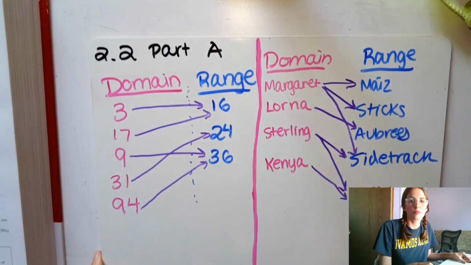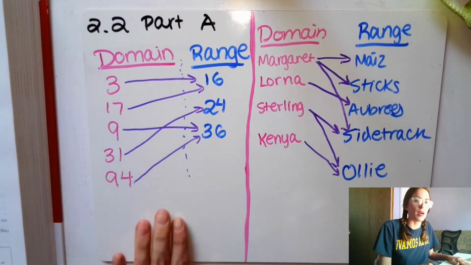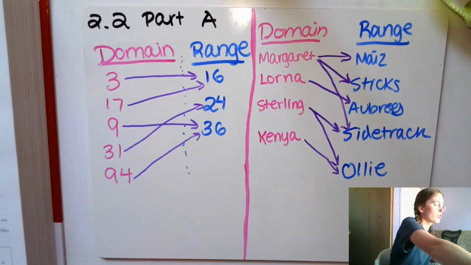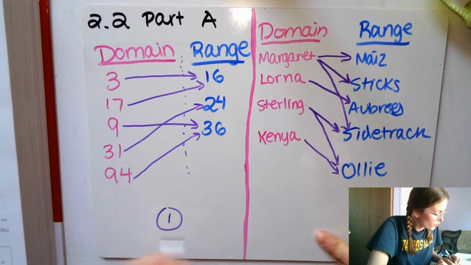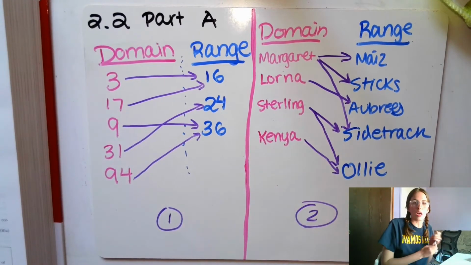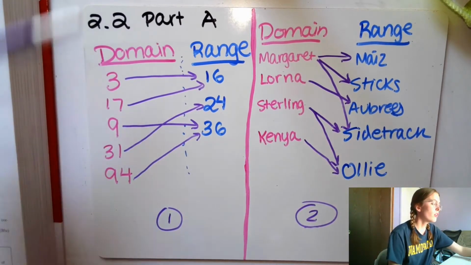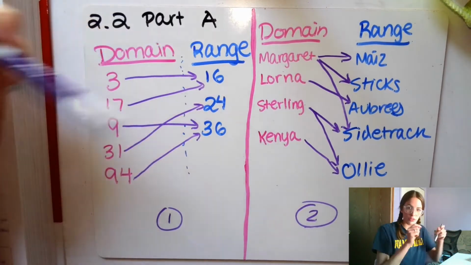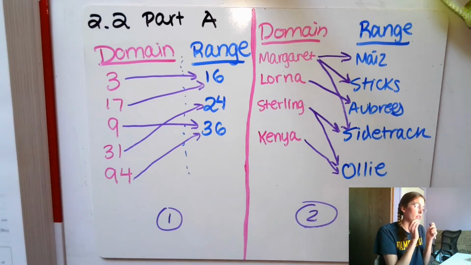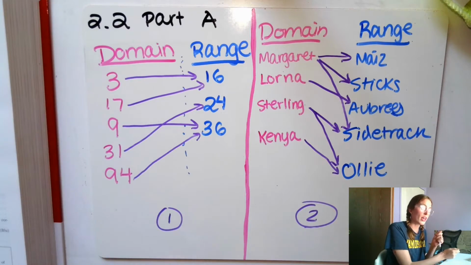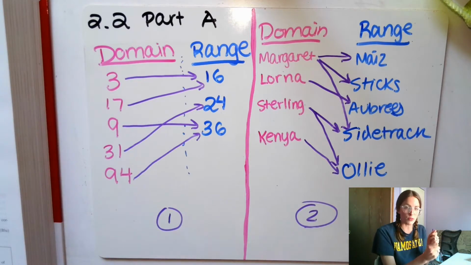So this first correspondence, we'll call it correspondence 1. We've got the domain and the range. Remember the definition of a function. Very important to remember: a function is a correspondence such that for each member of the domain, there is exactly one member of the range.